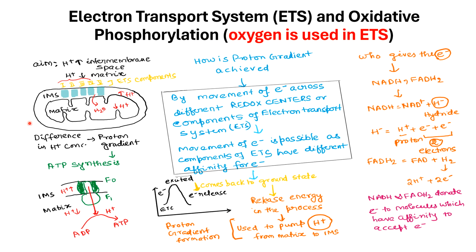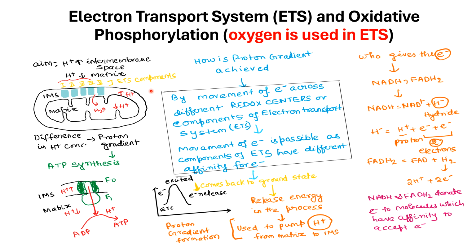So what essentially happens in ETS is that the NADH and FADH2, which are the redox equivalents that are produced in the Krebs cycle as well as in the link reaction and glycolytic pathway, come and enter the inner membrane of mitochondria, and they lead to the formation of ATP.